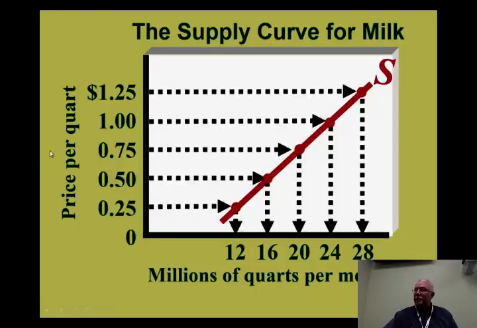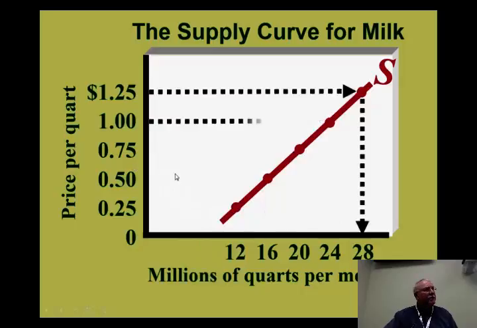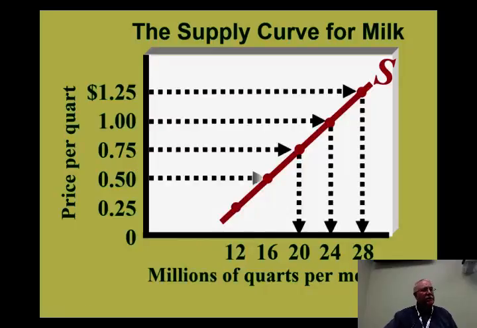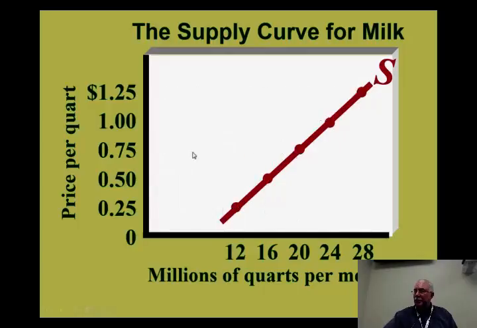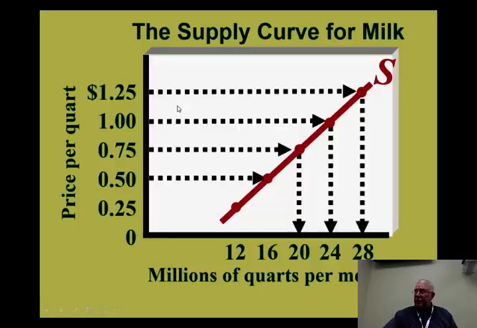That red line that represents supply is not changing, is it? There's not a change in supply when price changes. When price changes, what is changing? Down here, the quantity supplied is changing. As the price goes down, the quantity supplied goes down, as measured on the horizontal axis.